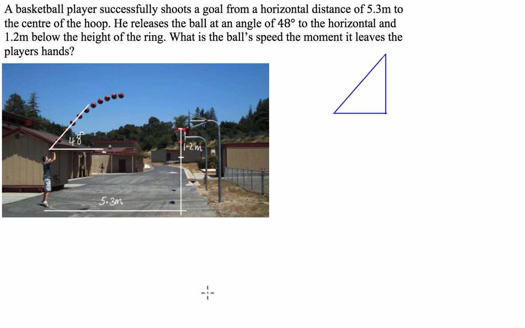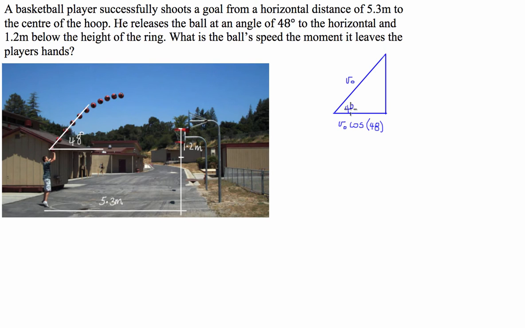What we're going to do to start with is break up our initial launch velocity that we're trying to solve into its component vectors. So if we've got our launch velocity here, we'll call it V0. Our horizontal component of the launch velocity is going to be V0 times the cosine of 48, because we know that this angle here is 48.